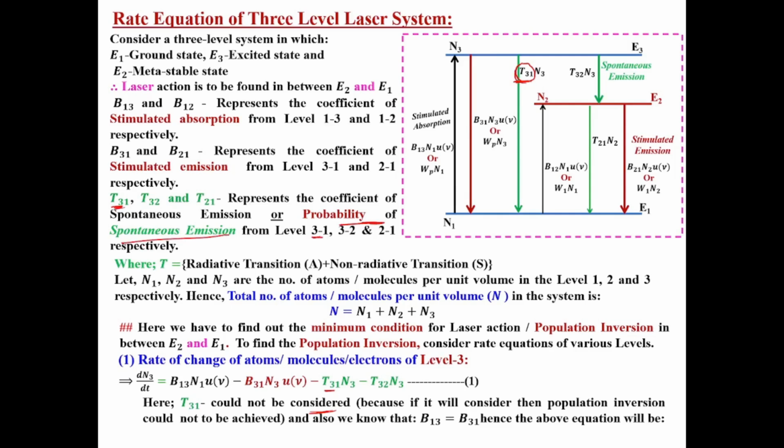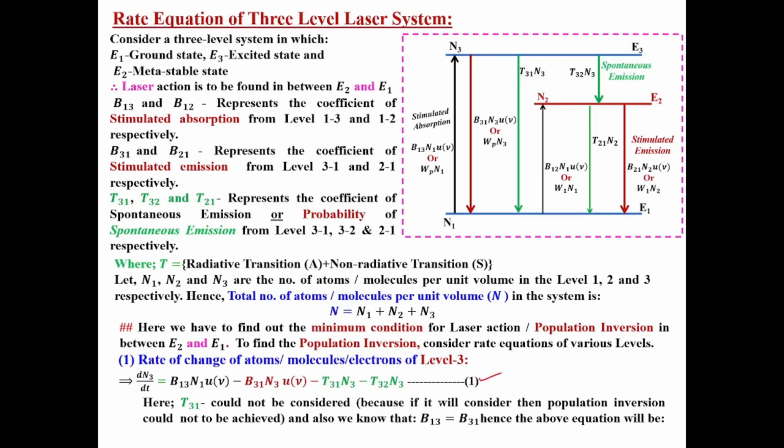If we consider this term, then whatever atoms or molecules are raised from the ground level to the upper level would all transit back to the ground level due to this process. So we could not get any laser action if we consider this term. Only for that reason we consider that the spontaneous transition from E3 to E1 is negligible, so we are not going to consider this term in equation number 1, right?